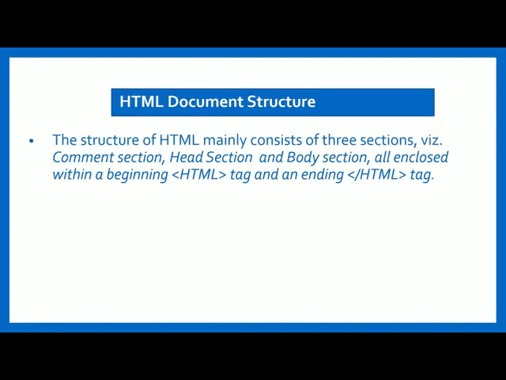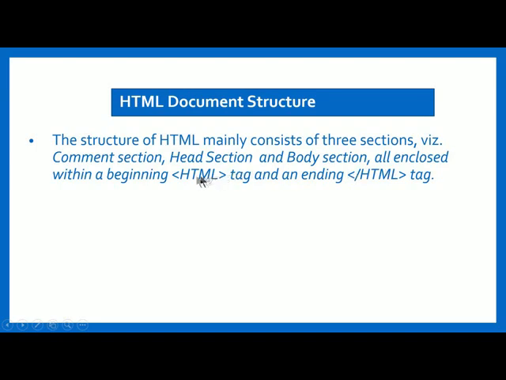Next topic is a very important topic, that is HTML document structure. The structure of the HTML consists of three main sections: comment section, head section and body section. All these three sections are enclosed within the beginning HTML tag and an ending /HTML tag.